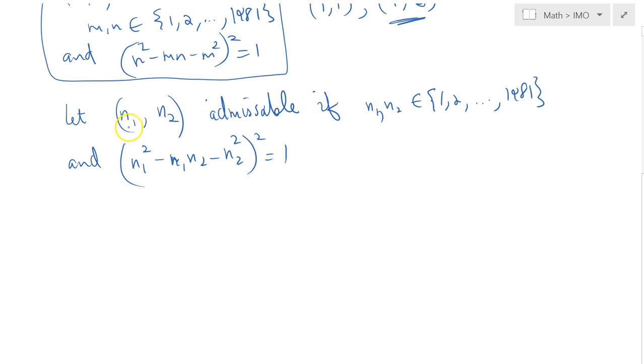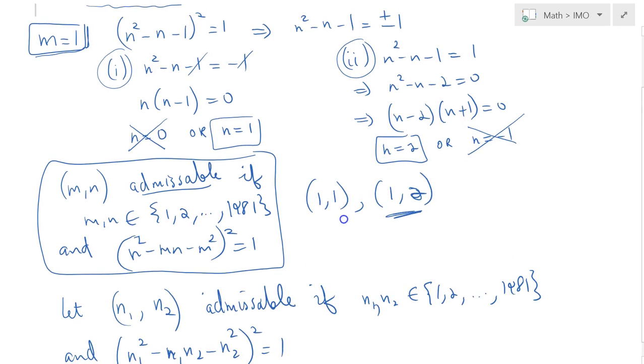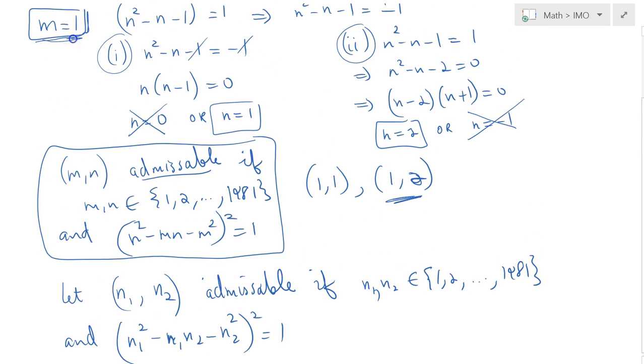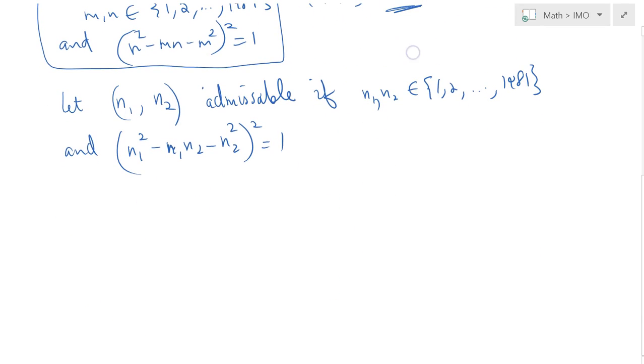So all I did is change the notation just a little bit. Instead of calling it mn, I just called it n1 n2. And now, as we said earlier, for the rest of the discussion I will just assume that in this particular case n2 is strictly greater than 1.